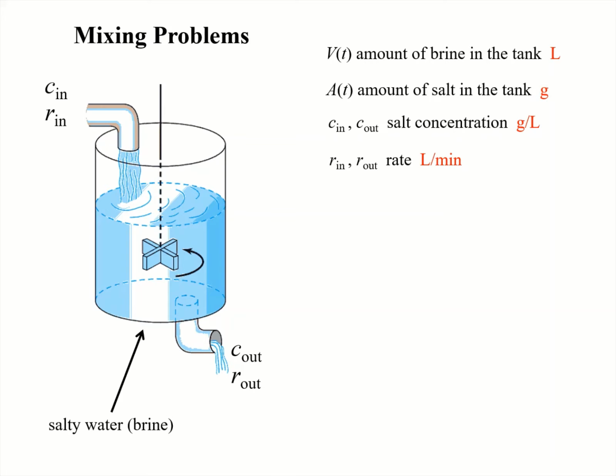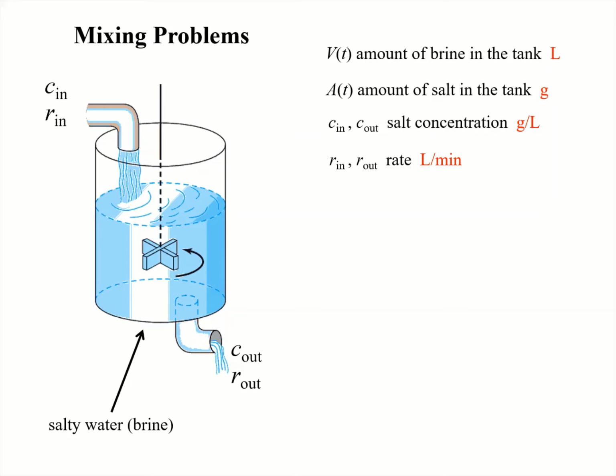R in and R out are rates, measured in liters per minute. So we actually have 7 things to look at: R in, R out, C in, C out, A, V, and t.